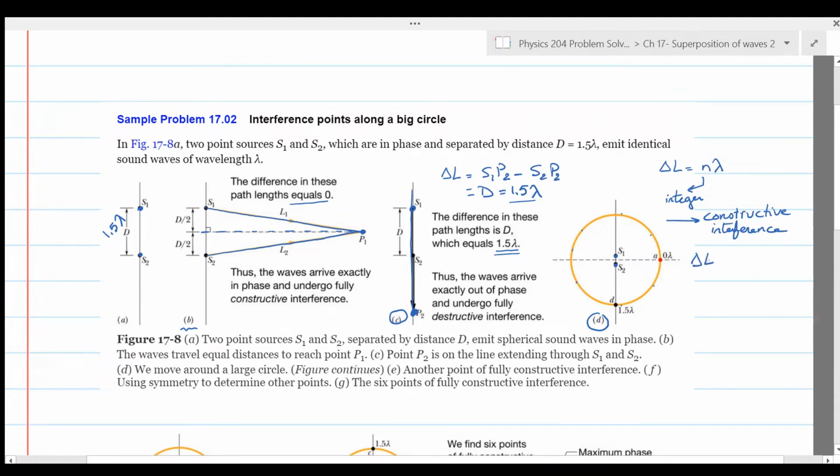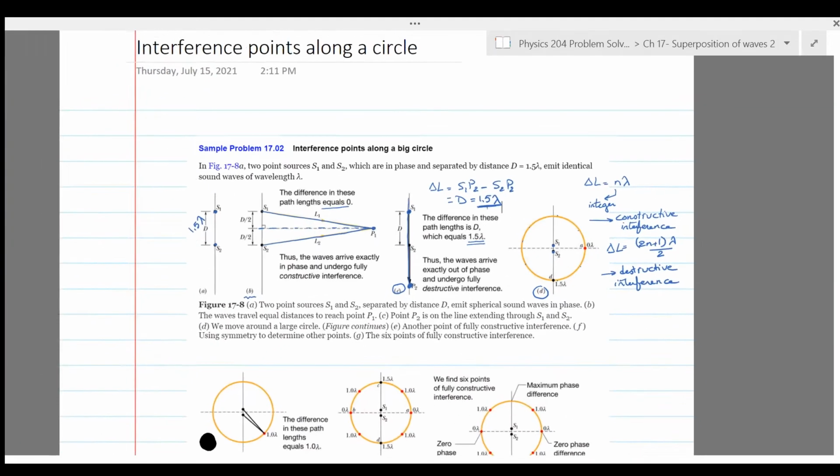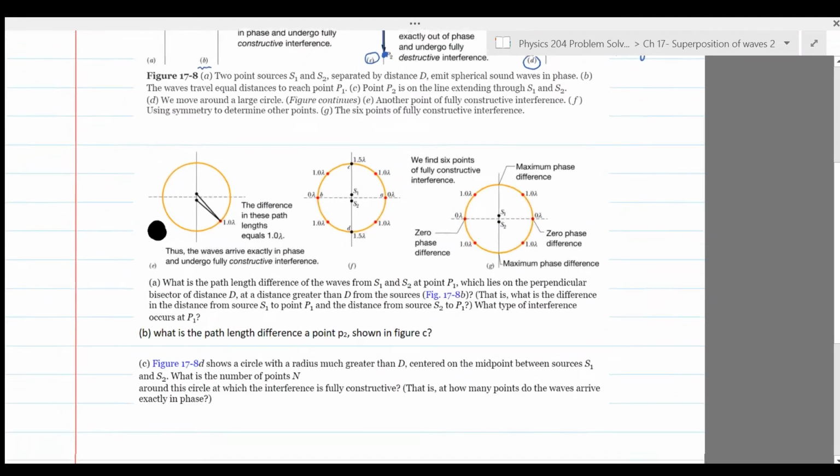When the path length difference is in the form of (2n plus 1) lambda over 2, then we have fully destructive interference. Since we have a path length difference of 1.5 lambda in this situation, this corresponds to destructive interference. The waves are arriving exactly out of phase at point P2, so we have destructive interference at this point. And this, by the way, is the question in parts A and B.